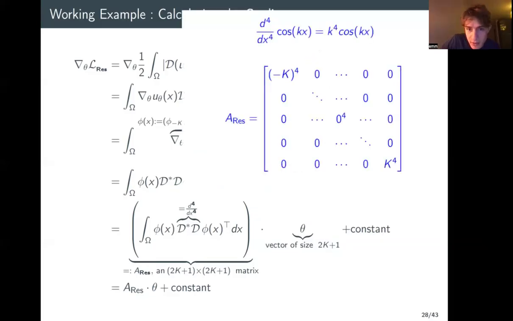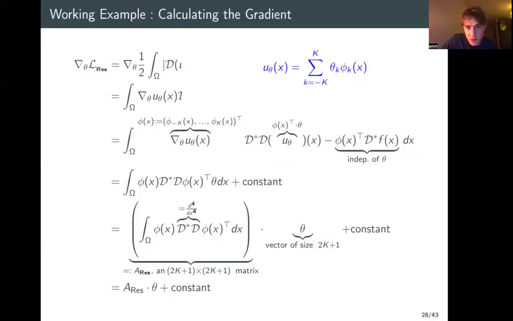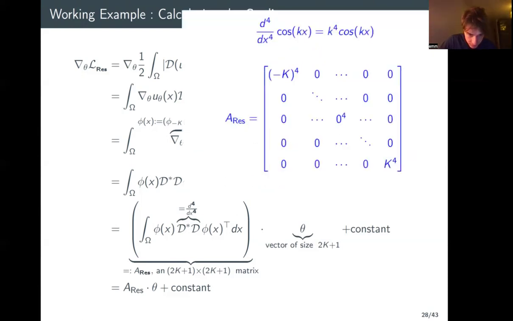Okay, so yeah. So now we can actually compute exactly what this matrix is in practice, because it's very nice. We have these phis. It forms an orthonormal basis. And so essentially, we're going to take the elements of the basis, apply the fourth derivative onto them.